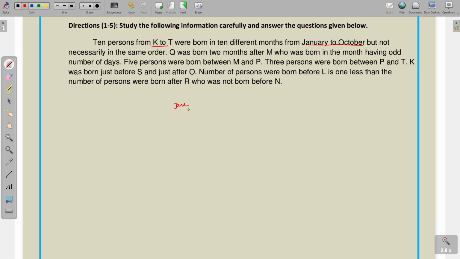They are born in 10 different months: January, February, March, April, May, June, July, August, September and October.